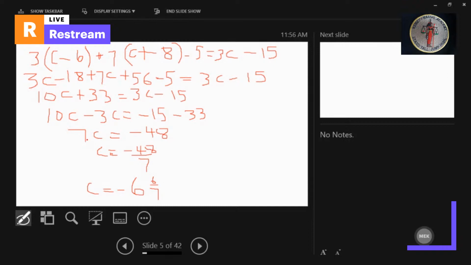From the 10C, we get back the 7C. Grouping the whole numbers, we had a minus 15. And we carry over the 33, it becomes a minus 33. And these two give negative 48. So now to isolate the variable, to get the C by itself, we divide by 7 on both sides. And this is our answer.